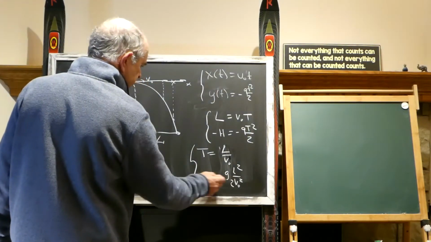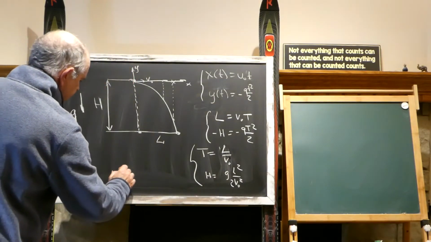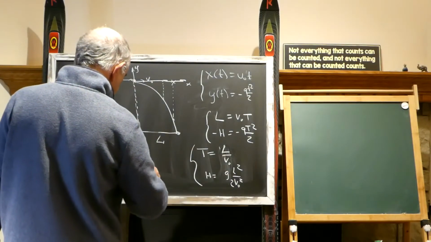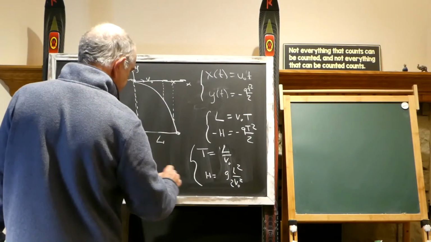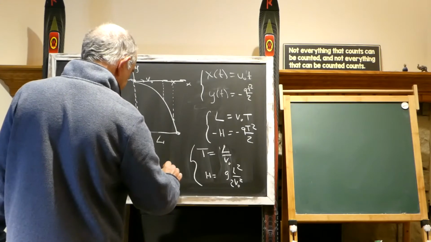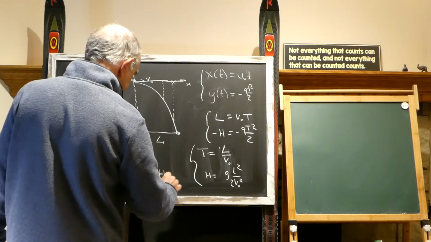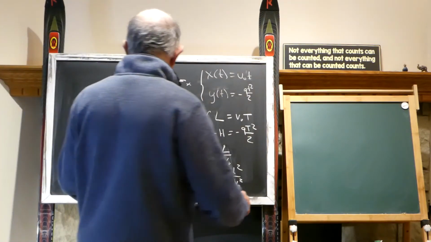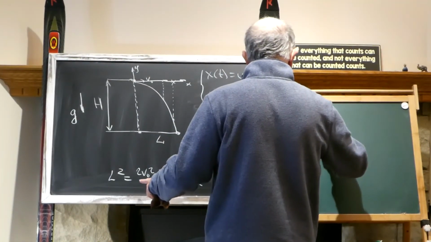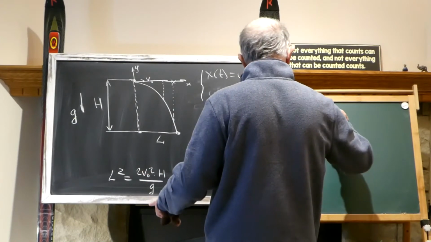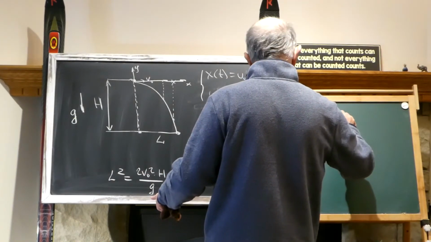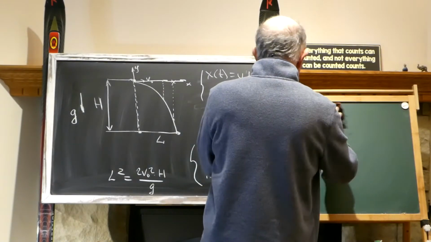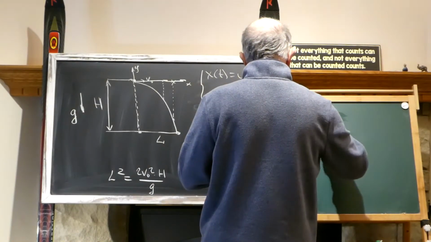And so then from here I can find L squared equals 2v0 squared multiplied by h, divided by g. And I can find L equals, because I extract the square root from both sides.